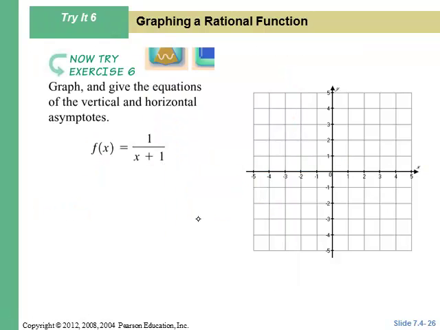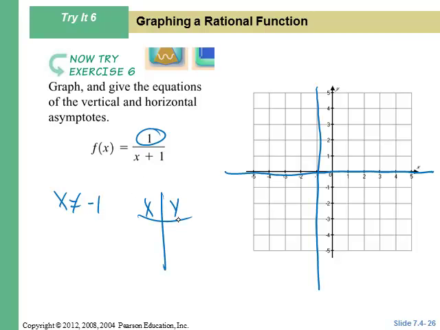Let's try this one. Notice x is not equal to negative 1, so we've got a vertical asymptote here at negative 1, and since y has the numerator, it can't be 0. So probably the easiest thing to do is graph what happens when x is negative 2.